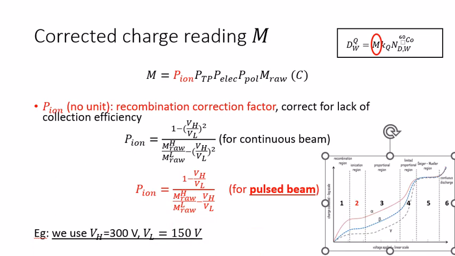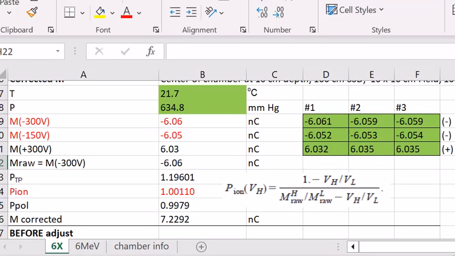Let's see some examples. This is how we calculate the P-ion for a 6 MV photon beam. Because our chamber is calibrated at negative 300 volts, in this case our higher voltage is negative 300 volts and our lower voltage is negative 150 volts.